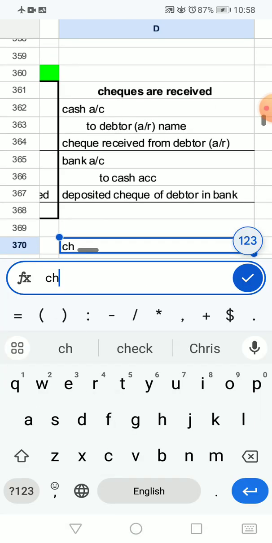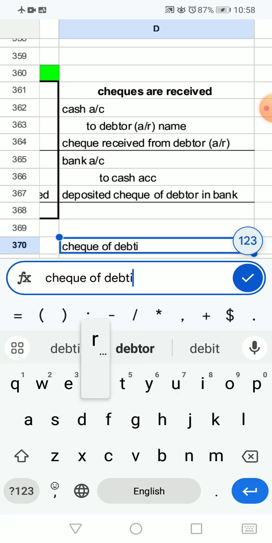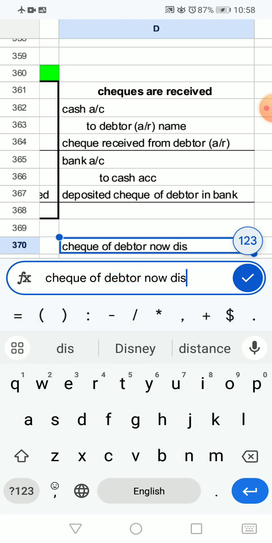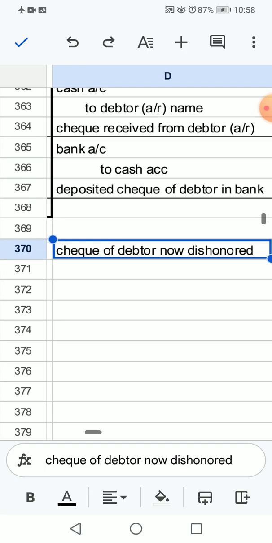So narration you will see is check of debtor now dishonored.